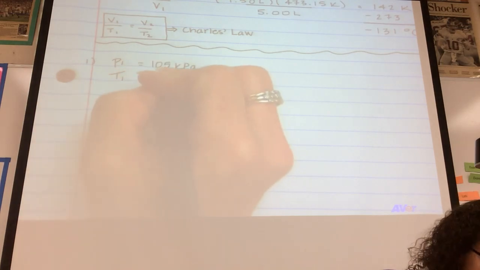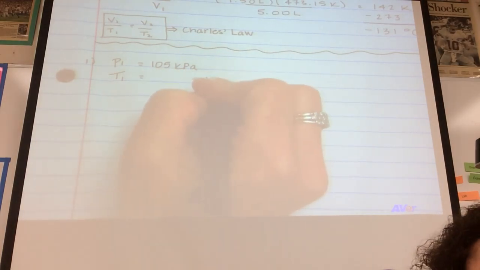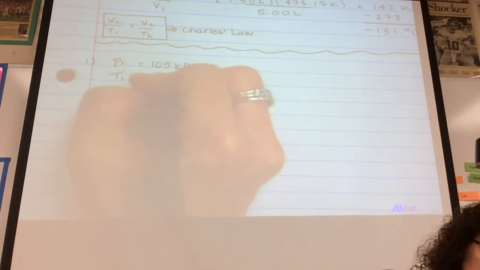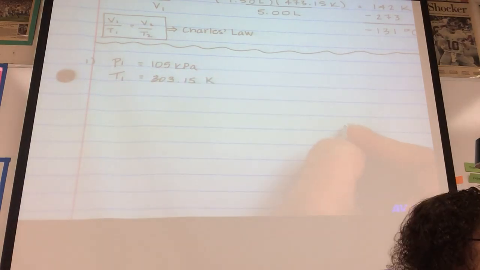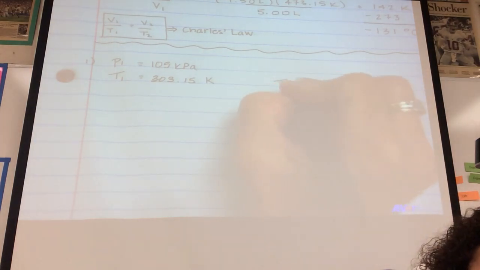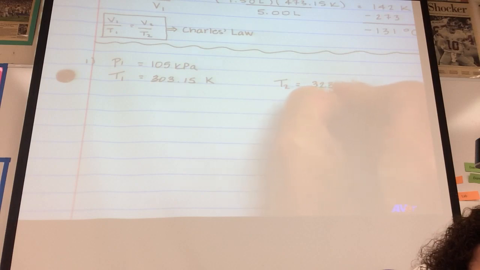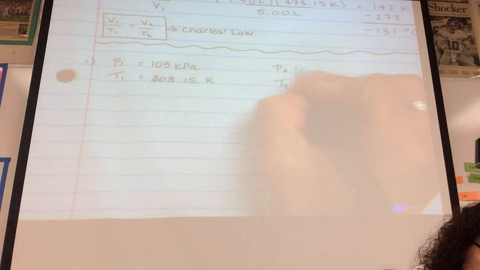Do we want to write 30 degrees Celsius? No, we just want to be in Kelvin. So how do we do that? At 273.15. Good. And again, not degrees Kelvin, just Kelvin. Now the temperature is increased to 50 degrees Celsius, or 323.15 Kelvin, and we want to know the pressure.